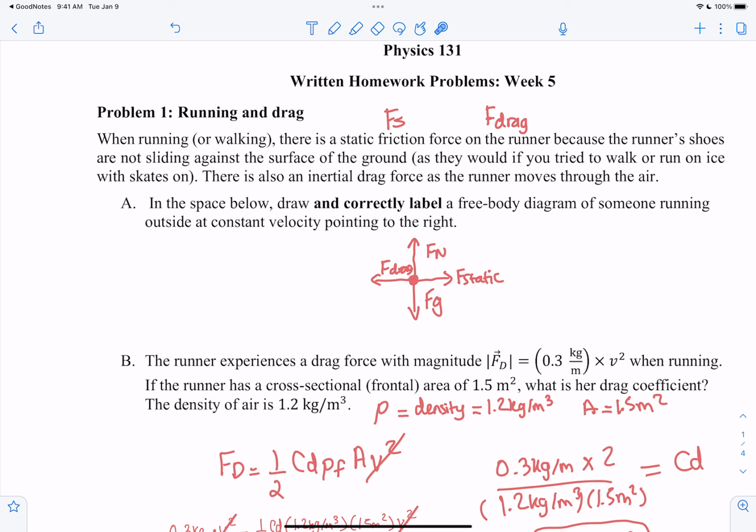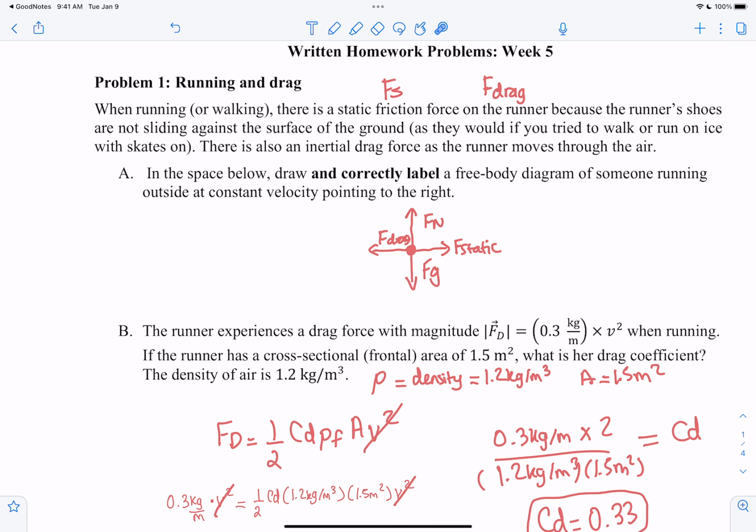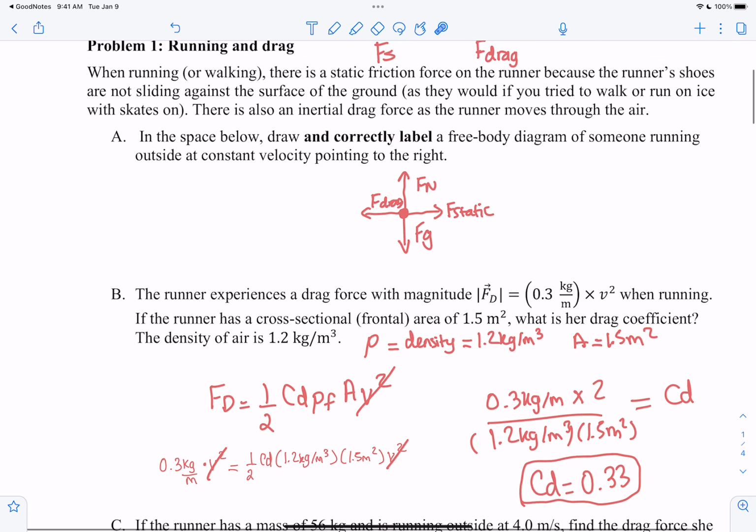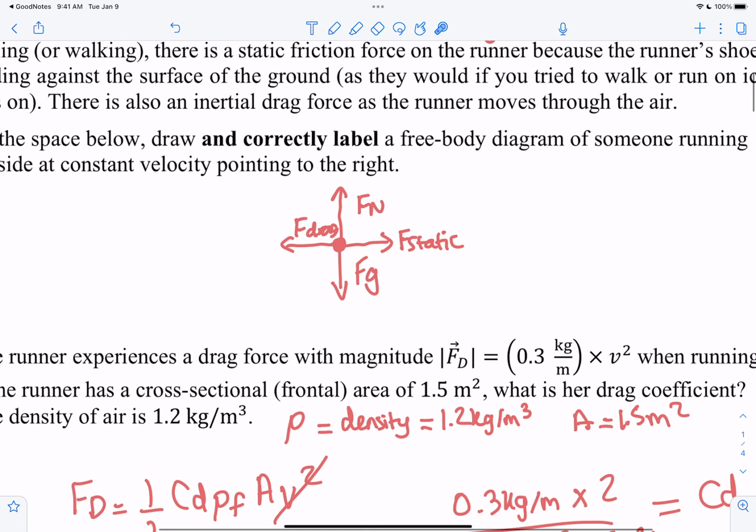the greatest speed she can run with, right, is when the drag force is equal to the other forces in the x direction, or if the drag force is in the y direction, for example, would be equal to the forces in the y direction. So whatever direction the drag force is in, if we have x, then the other forces in the x direction should balance it out and cancel it out.